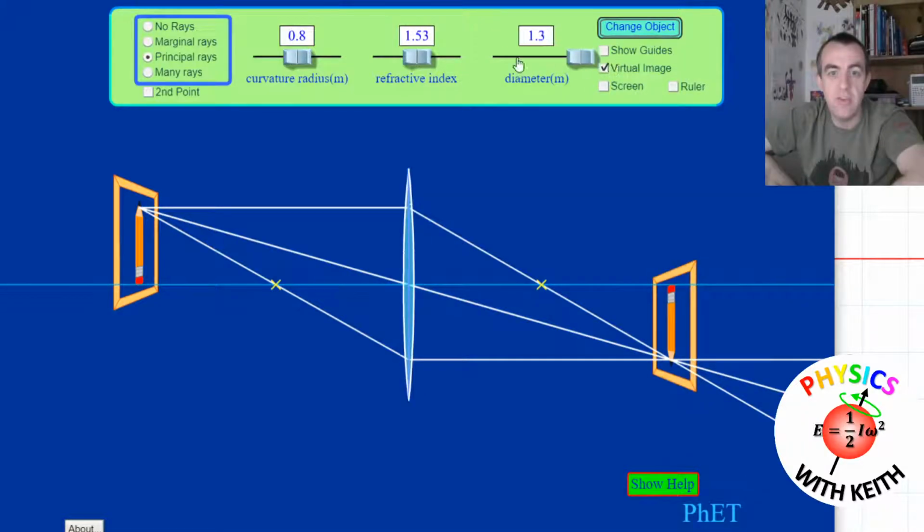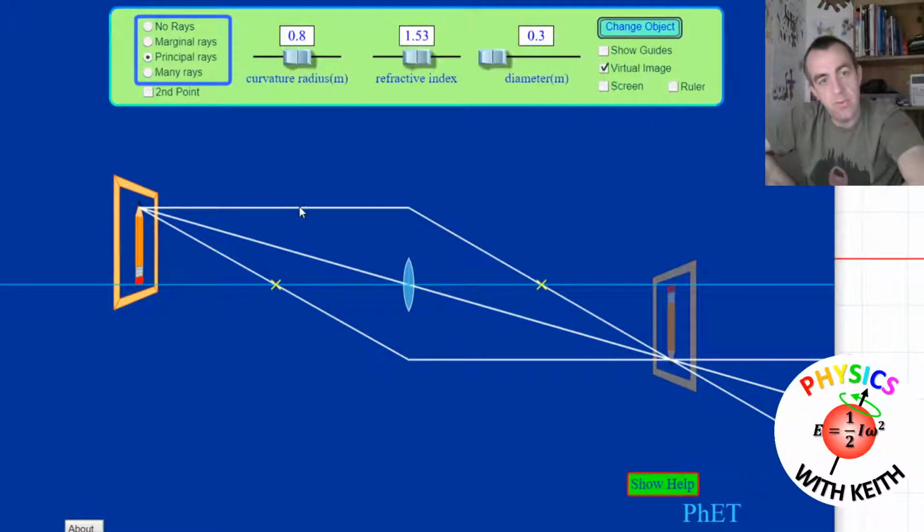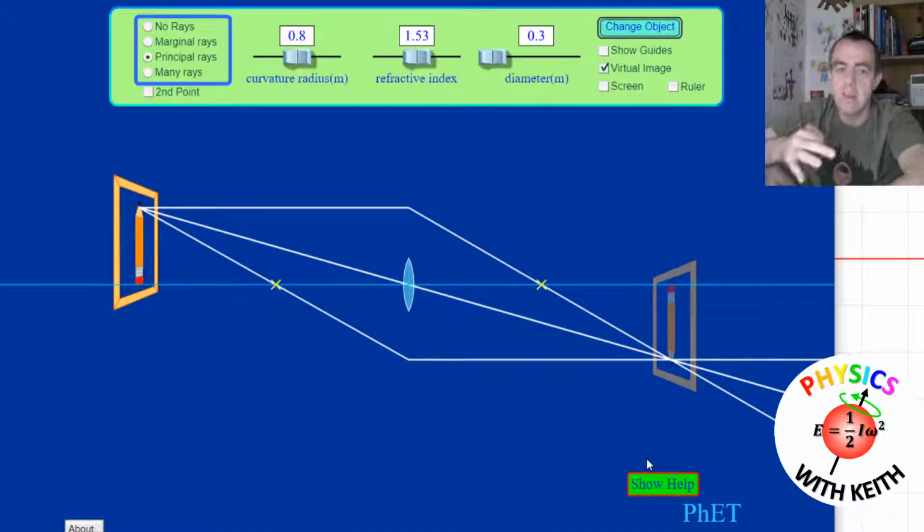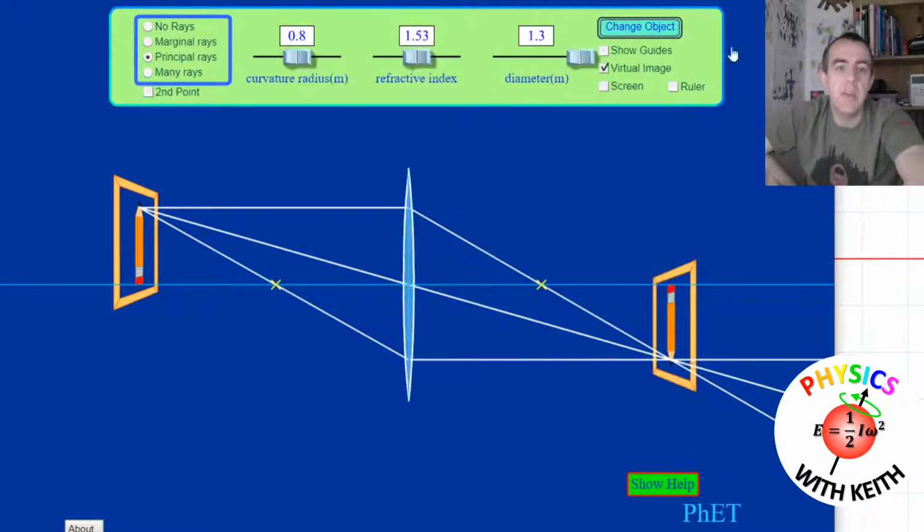It doesn't actually change the properties of the image otherwise. Even though the light doesn't actually follow this bizarre path through air and then spontaneously chooses to change direction, we still draw those principal rays because it allows us to locate the position of the image. A very useful thing to do. So it doesn't matter how big the lens is, we still draw these same 3 principal rays.